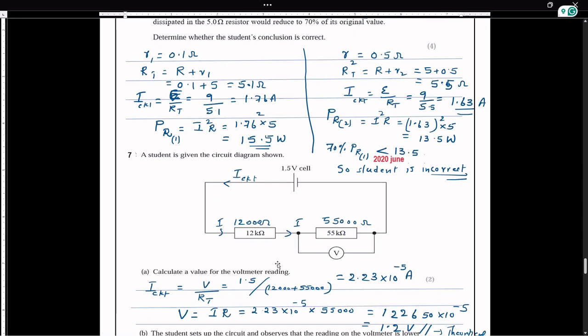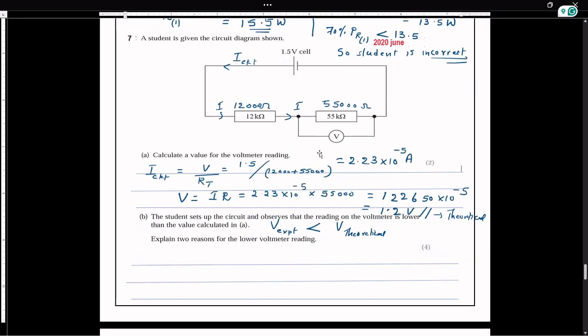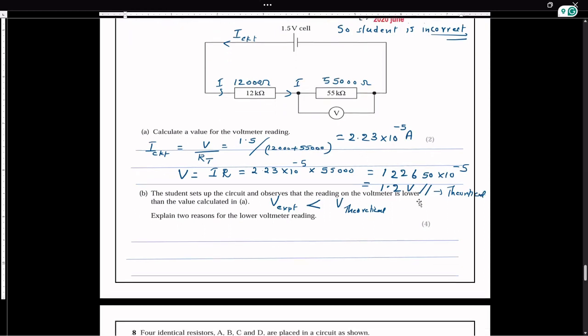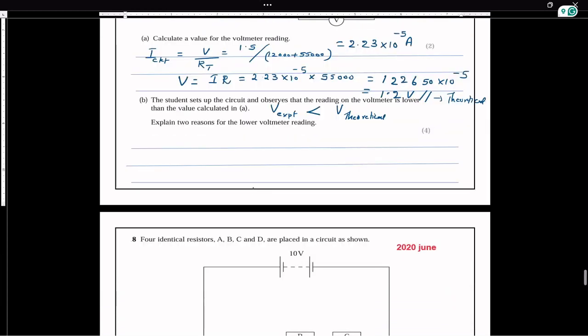In our theoretical calculation we have not taken the internal resistance, but experimentally that internal resistance must get added. So we can write the reason that the cell might have an internal resistance and a small drop in voltage across the internal resistance. That is one of the reasons.